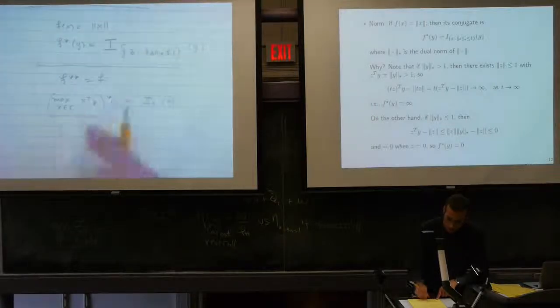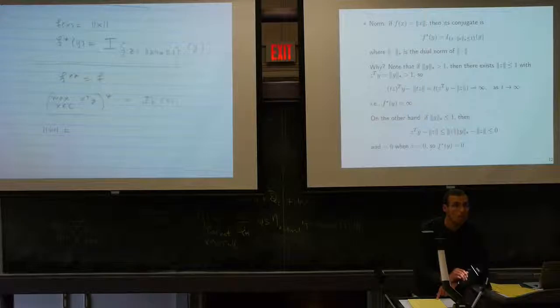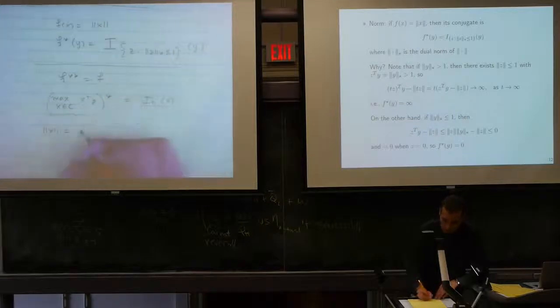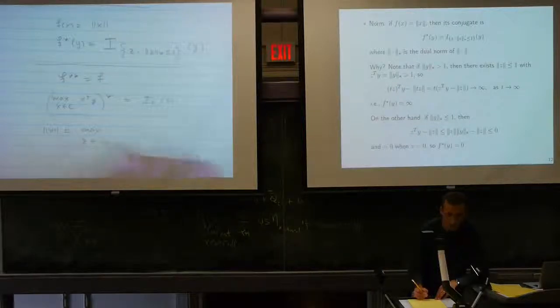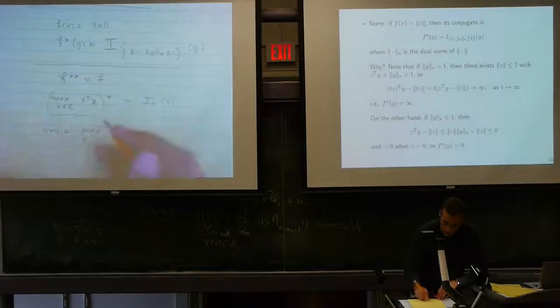What's another way of expressing the norm function? It's the max over z in, what set? With dual norm less than or equal to 1 of x transpose z.